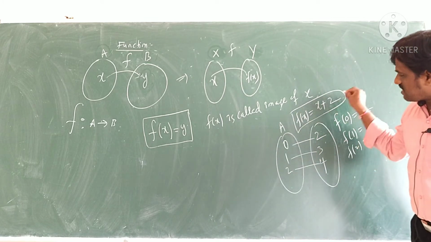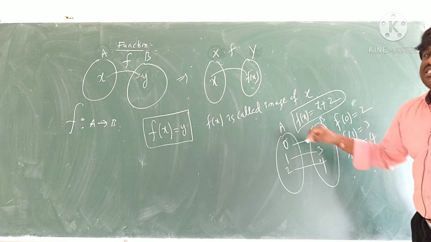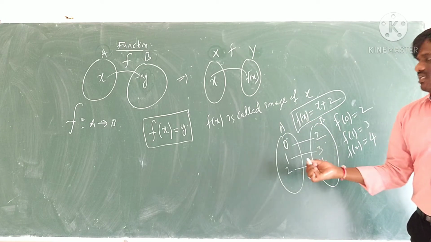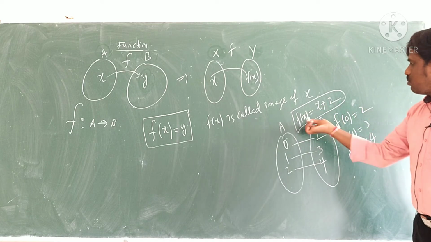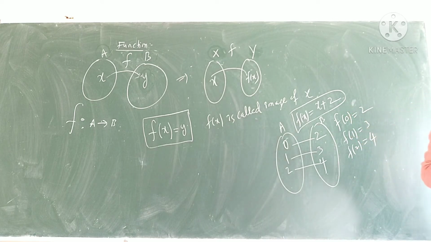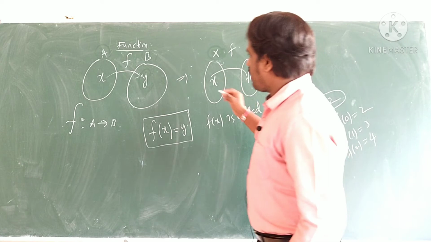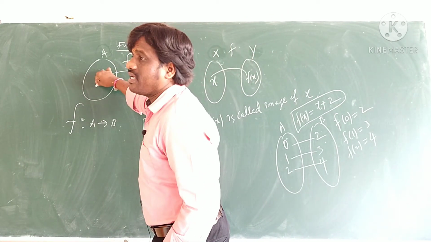If f of x is defined like this and I want to know f of 0, that is the image of 0. So I keep 0 plus 2 is 2, 1 plus 2 is 3, like that we'll get. Are you getting what I said? Then if f of x is y, and y to x is there, it is called the pre-image.